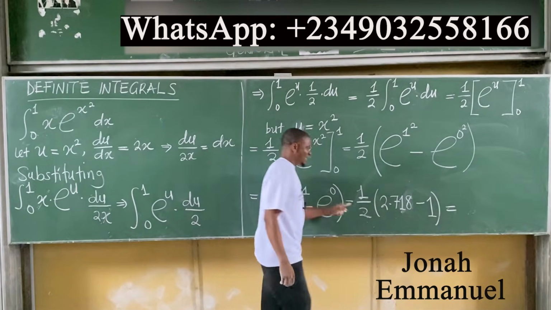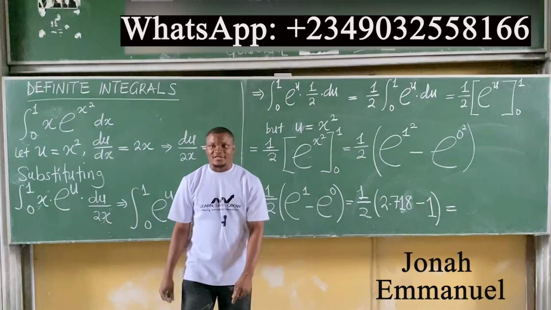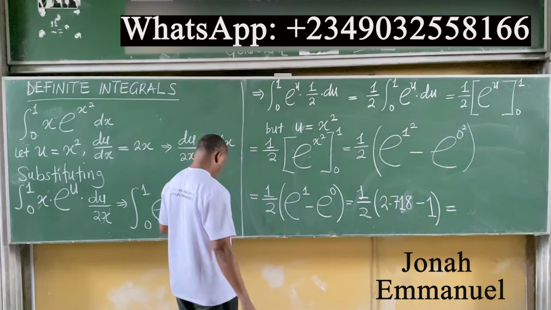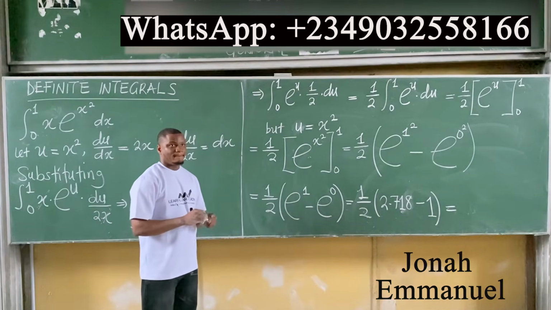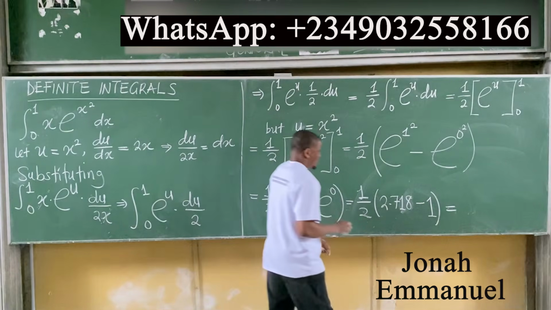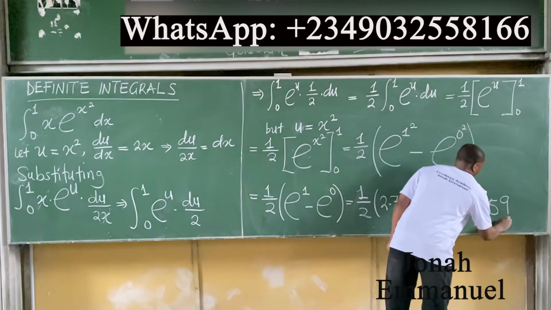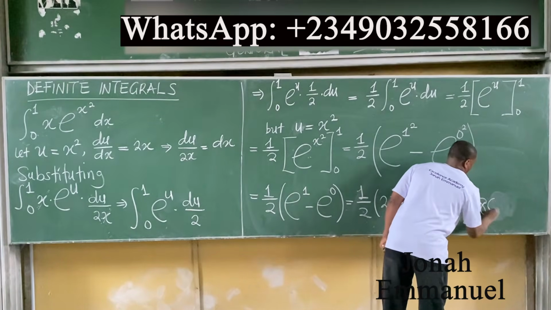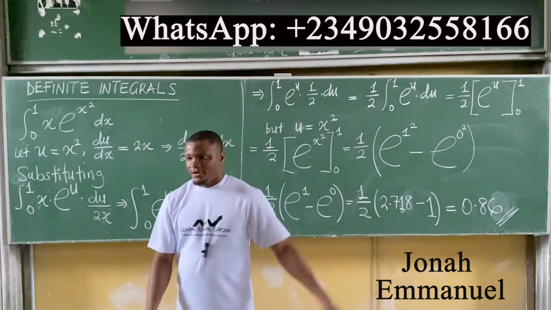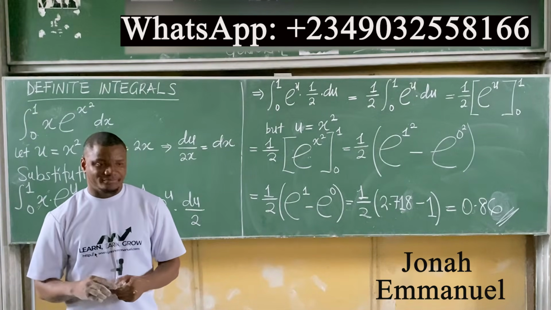Please, for space's sake, give me the final answer. Half of, in brackets, 2.718 minus 1. Close the bracket. What do you have? 0.859, that's 0.86. That's your value. Those of you in engineering, last year, that was your exam question. So that's it basically.